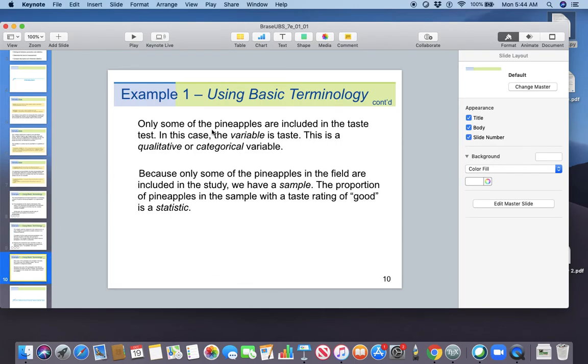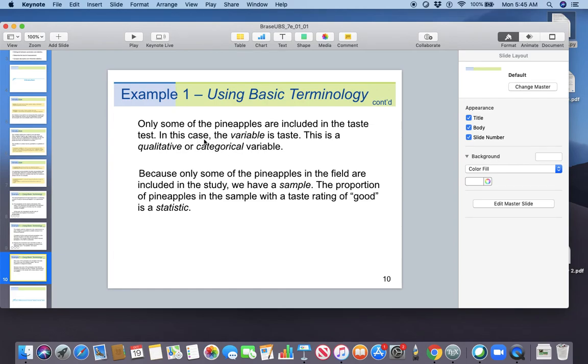All right. So, if I'm looking at only some of the pineapples, because I'm not going to taste every single pineapple. If I taste every single pineapple, then I have nothing left to sell, right? So I'm tasting some of the pineapples.